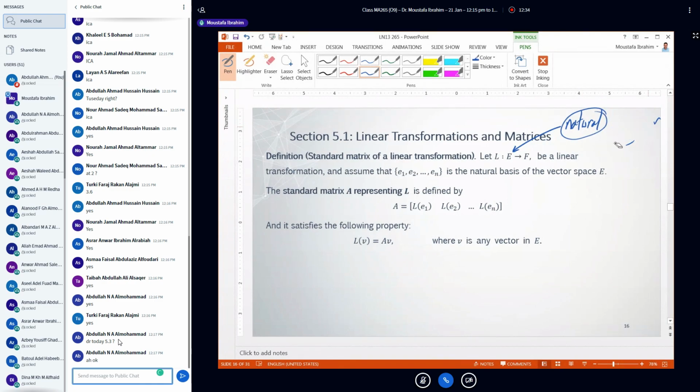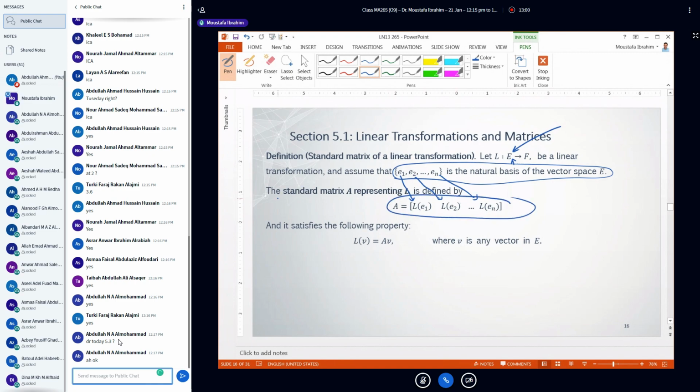We have seen before the standard basis for Rn and for Pn. If we take the standard basis of the vector space E, pay attention only for E, not for F, we don't care about F, then you have to find the output of E1, output of E2, output of En by order. You put them by order, you put them by column, you get the standard matrix. So this is the standard matrix of L, the standard matrix representing L.